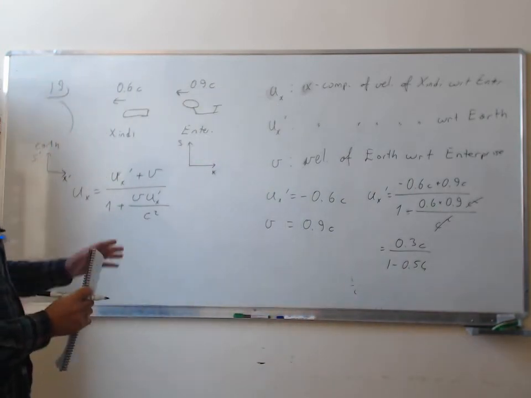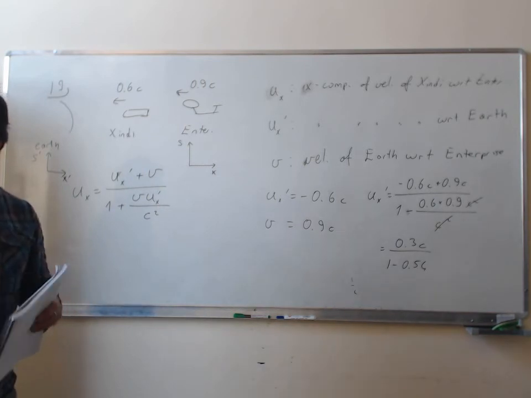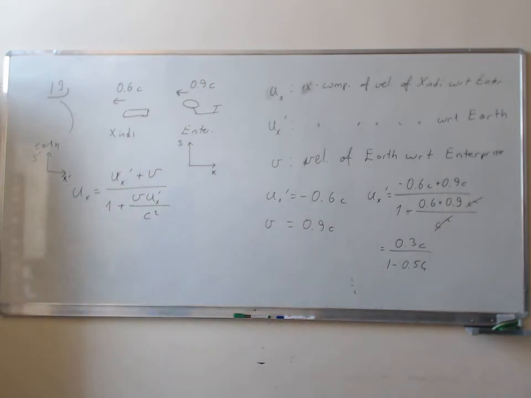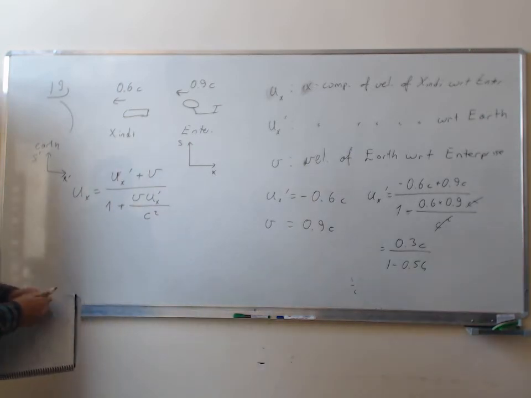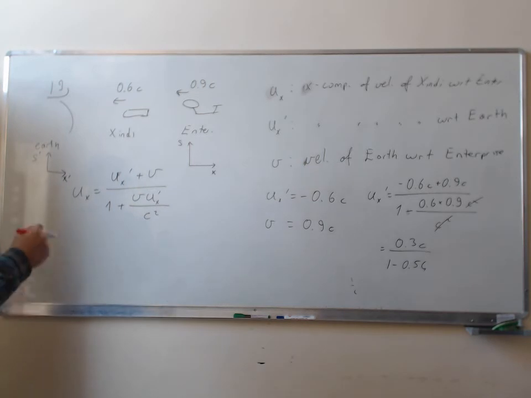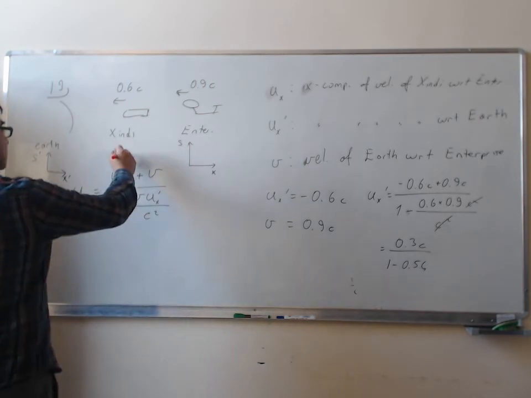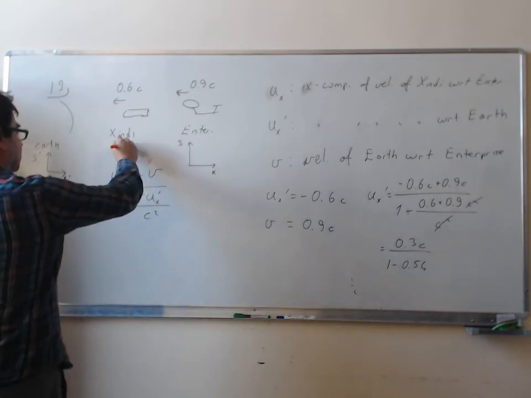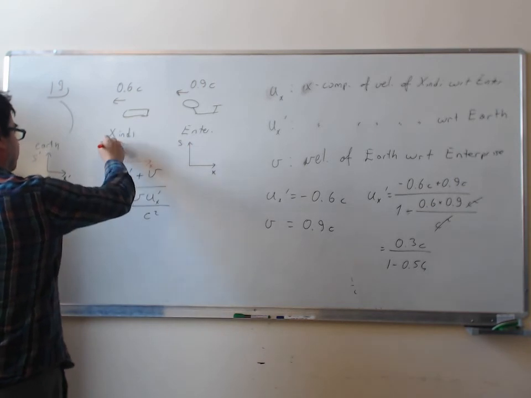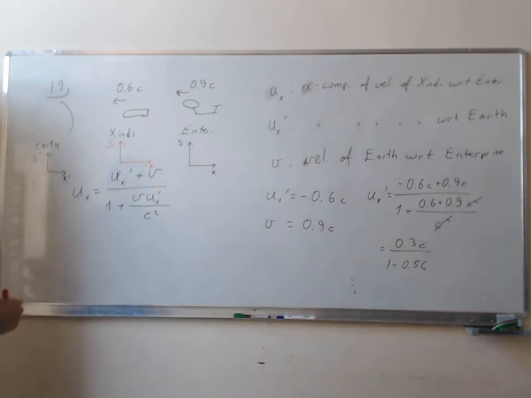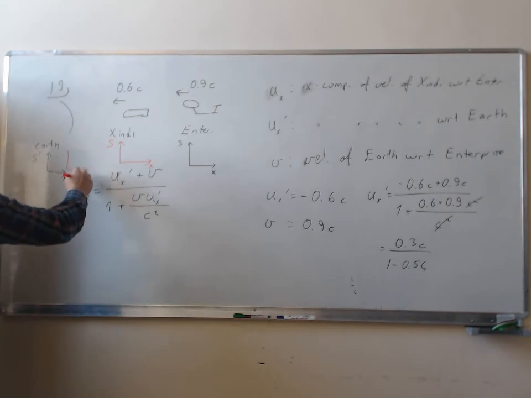Okay? Now, so this is one choice. There's another choice you can make. With this choice, the number we were calculating was the relative velocity of the alien vessel with respect to Enterprise. We could also make the opposite choice. We could choose this as our unprimed coordinate system, and we will still keep this as our prime coordinate system.